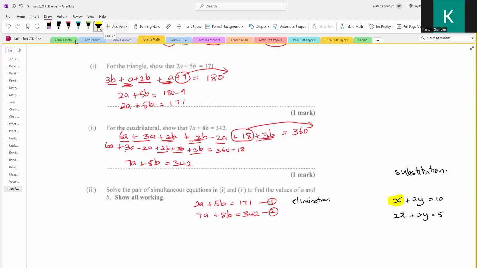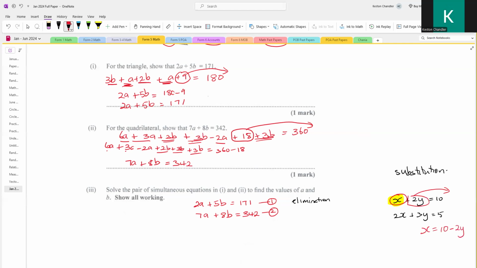Anytime you see that, you take that letter and make it the subject of the formula. So to make x the subject of the formula, I could take 2y and move it across here. So it becomes x is equal to 10 minus 2y.